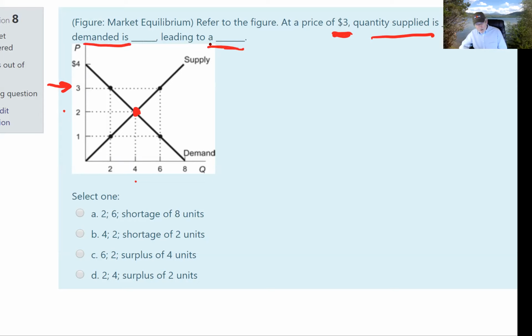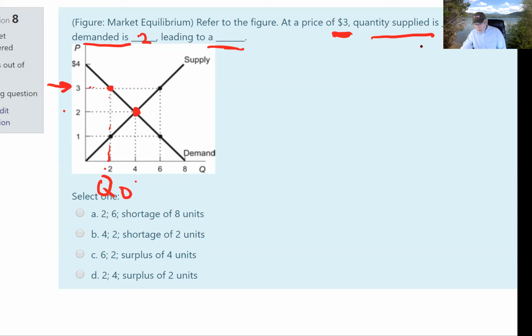This is a really, really easy question if you follow the right way of thinking through it. You say, if the price is 3, how much will consumers want to buy? You just read over to the demand curve, you read down, and you see the quantity demanded is 2. That's the number that goes here.